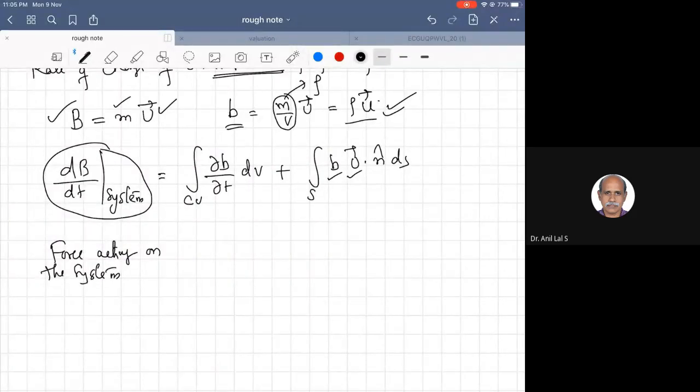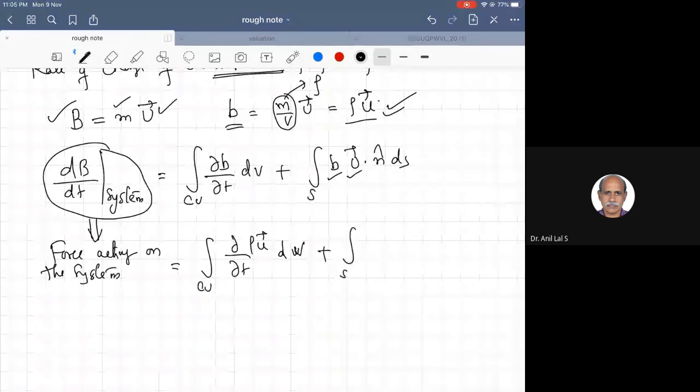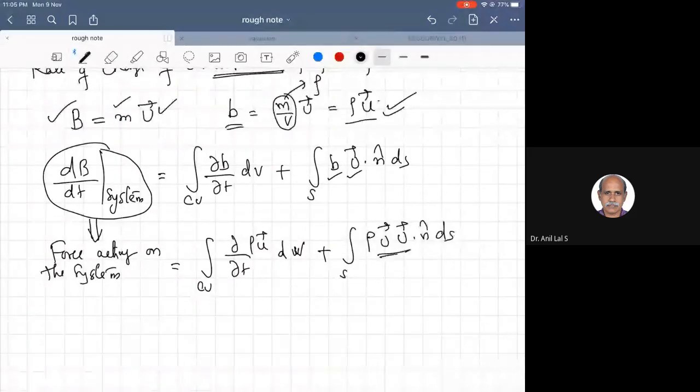So the force acting on the system is the integral over the control volume of ∂/∂t of ρU dV, where V is volume, plus the integral over the surface of ρU (U · n) dS. This ρU U together becomes the dyadic tensor product.